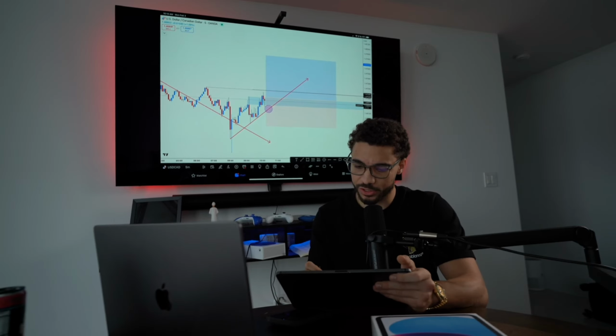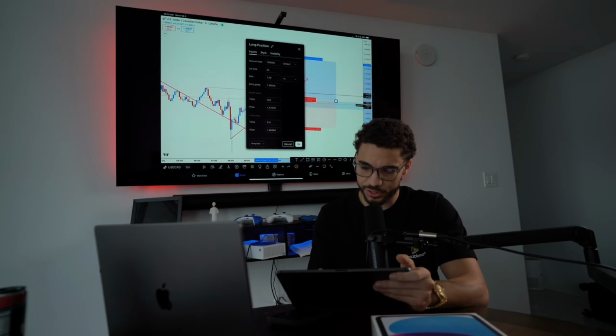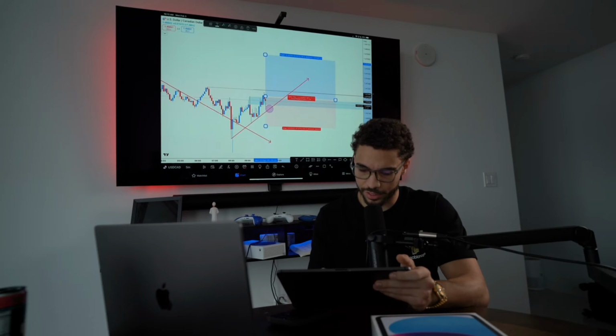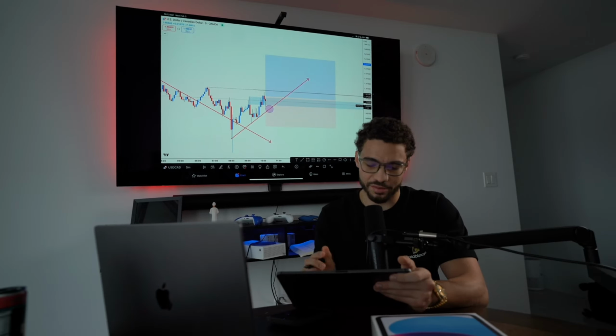So my entry on this trade, I don't think it was right there. I think I accidentally moved my order. I believe it was like 930. Yeah, 1.46930. Stop loss is 1.46375, I'd say.